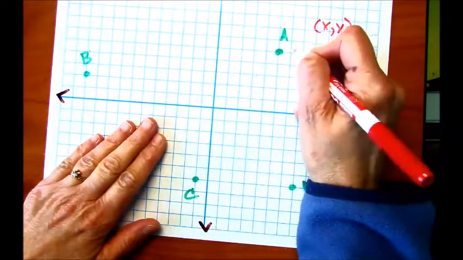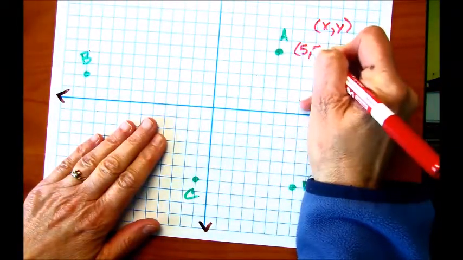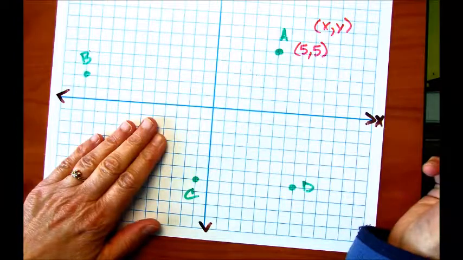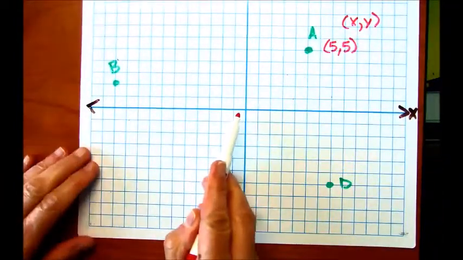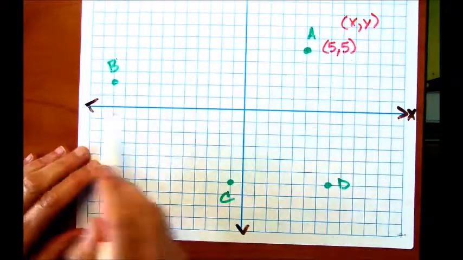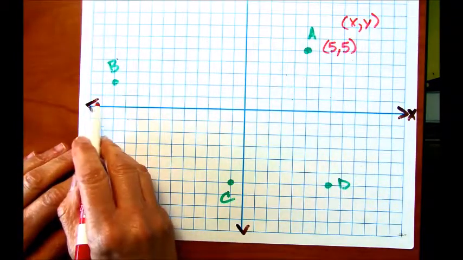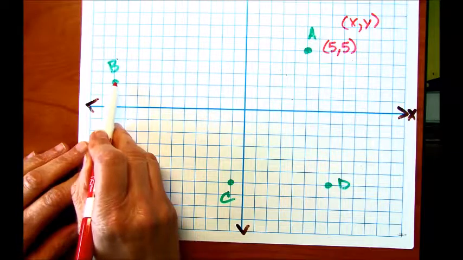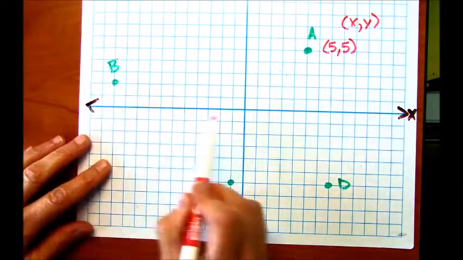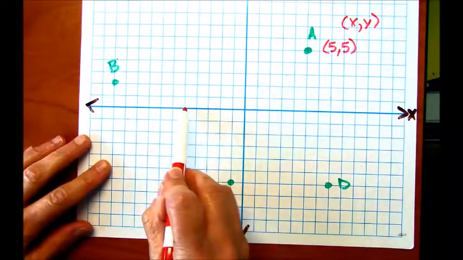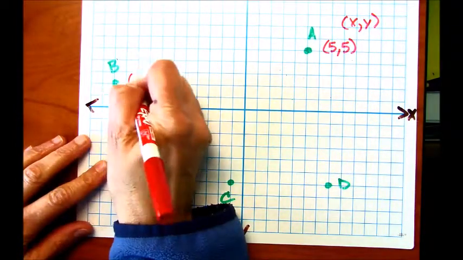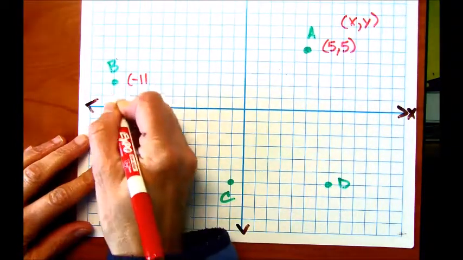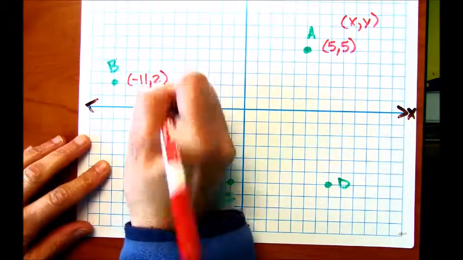So this is going to be 5, 5. For B, notice we're going to the negative, so our x is going to be a negative, but our y value will be a positive. So 1, 2, 3, 4, 5, 6, 7, 8, 9, 10, 11. So that's negative 11, 1, 2. So positive 2.